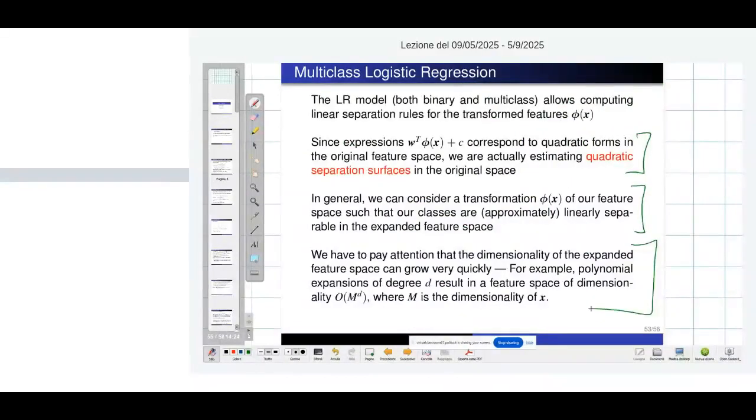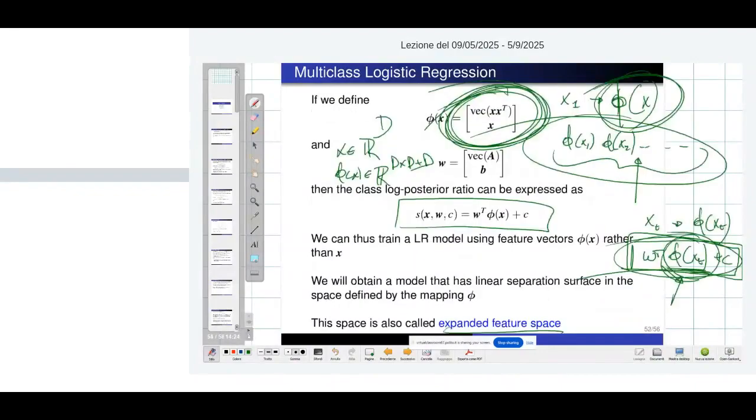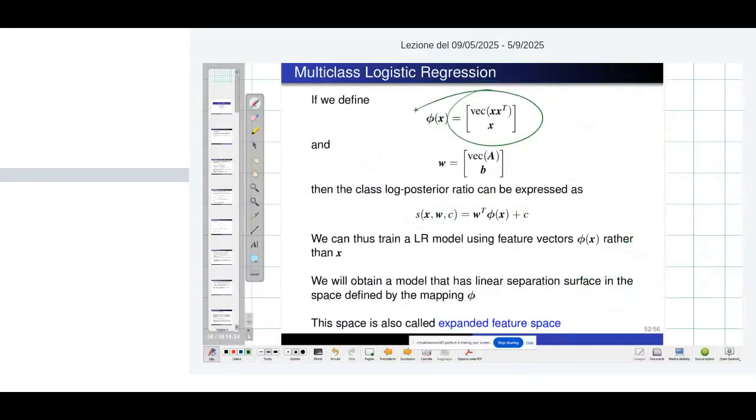The problem is that this approach leads to computational issues very quickly. Here we have seen that we can obtain a quadratic separation rule using this expansion, but the size of this is d times d. If we want a separation rule that is the solution of a degree 3 polynomial equation, then this becomes d to the power 3.